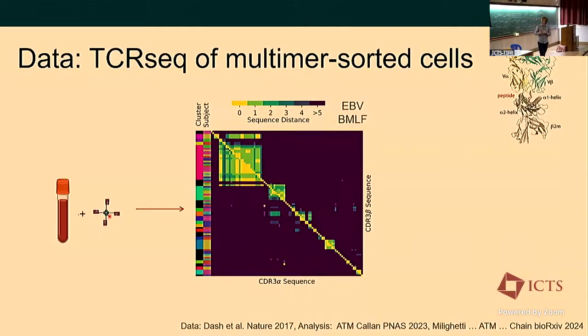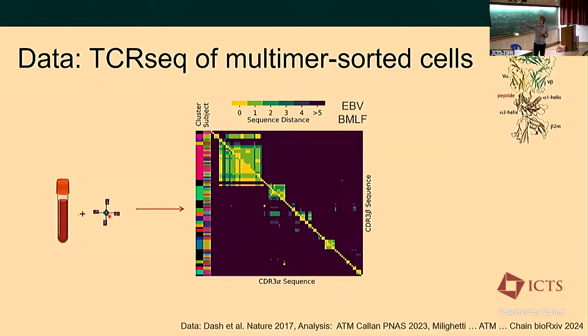Okay, so here's the kind of data that's now become available over the last maybe 10 years or so, which is quite simple data in a sense. Basically what you do is you go fishing with a probe, which is a multimerized version of your peptide-MHC complex of interest.